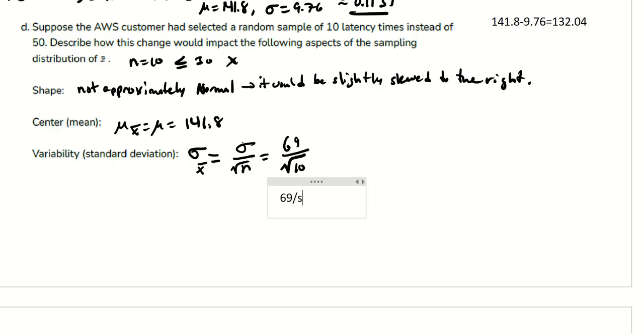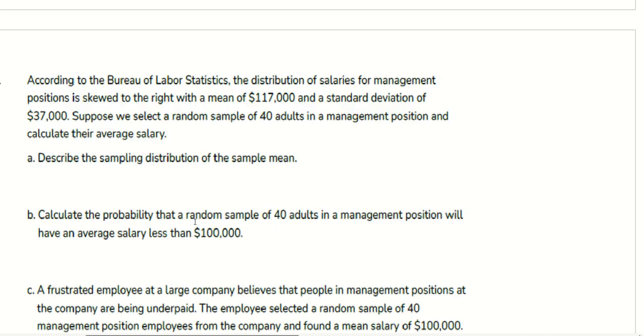Let me do that. Okay, so it'll be about 21.8, 21.82. So it would increase. All right, that takes care of that.